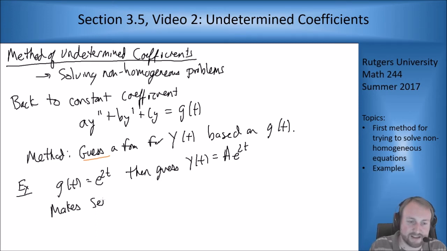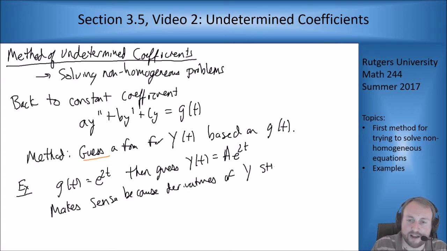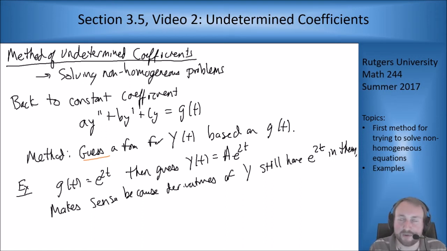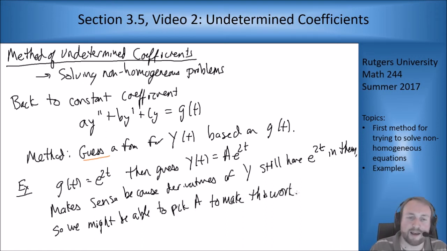So this makes sense because derivatives of this y still have e to the 2t in them. So the hope is we can pick A to make it come out to be equal when we're done with it. Now, there might be times where this fails, namely if e to the 2t solves the homogeneous equation, this will fail, but we'll talk more about that in the next video for this section.